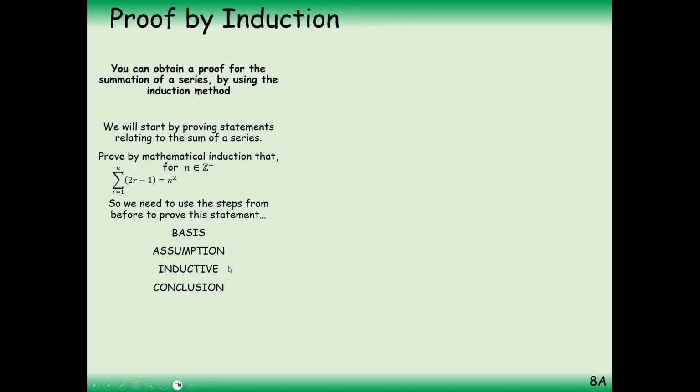The basis of this proof is to substitute number 1 on the left hand side. You start by saying the left hand side means that when n equals 1, it is just the sum of the first term, 2 times 1 minus 1, which is simply 1.